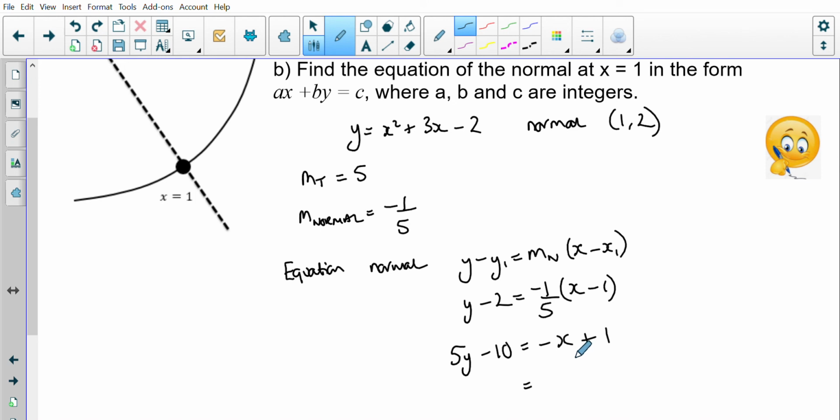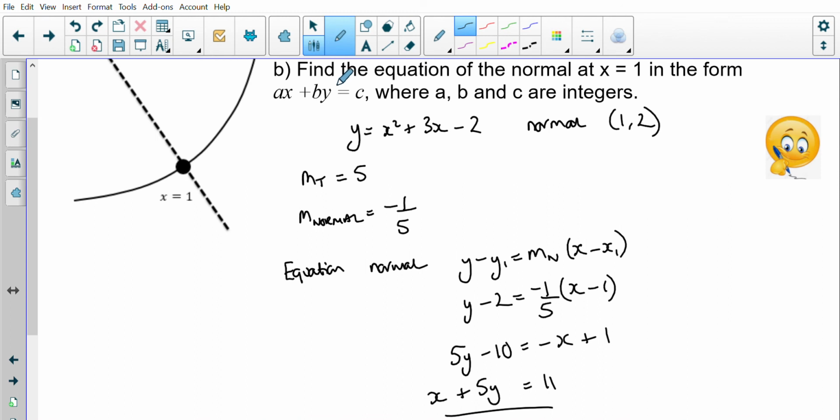Then I'm going to get the x term, so let's take the x term over to the left hand side with the y term and take the minus 10 over to the right hand side. So I end up with x plus 5y equals 11 with my equation in the right form. If a question asks for an equation of a line in a particular form, you do need to put it in that form to get the full accuracy marks.